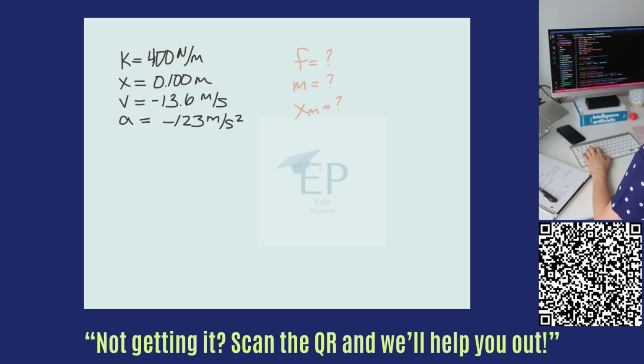of the motion. So for the first part, finding the frequency, we can use the equation acceleration equals negative omega squared times position, and we're going to actually replace the term omega with 2 pi f.